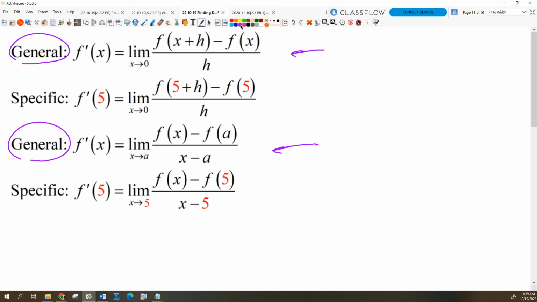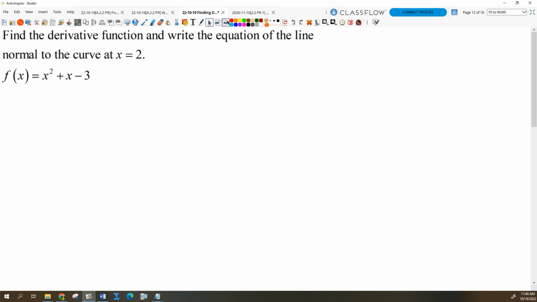It's totally general. If I want to be specific, I could calculate f prime of 5 by replacing the x with a 5 and taking this limit. I could also just calculate f prime of x and then plug in 5. Either way, doesn't matter. We'll do it both ways, time to time.